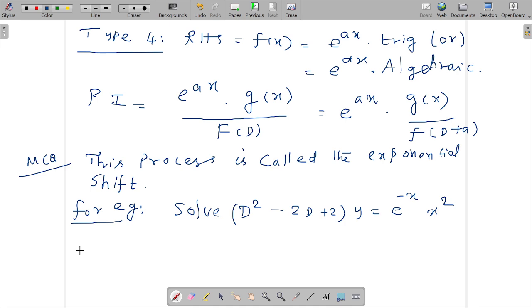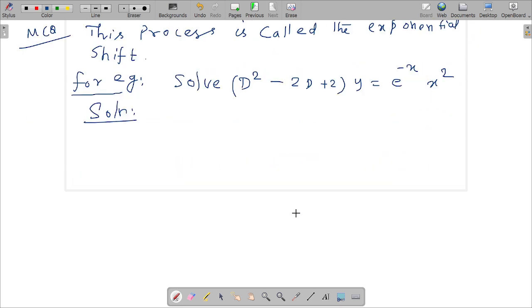First we have to find the complementary function. To find it, make the right hand side equal to 0 and substitute D equal to m.